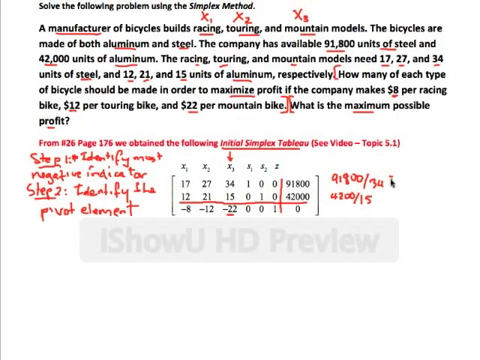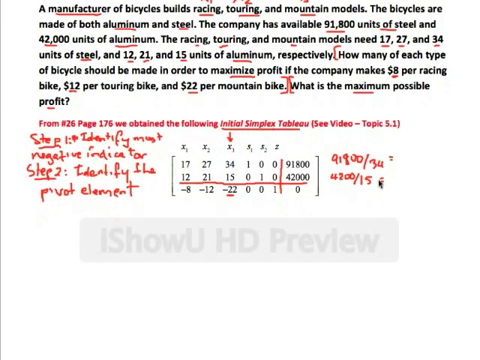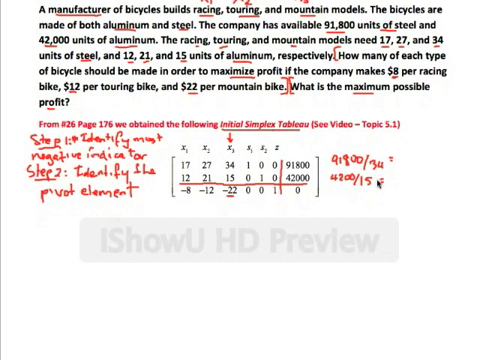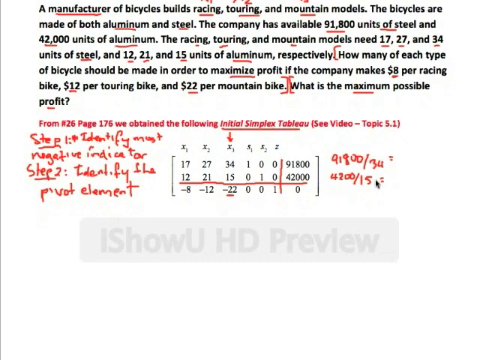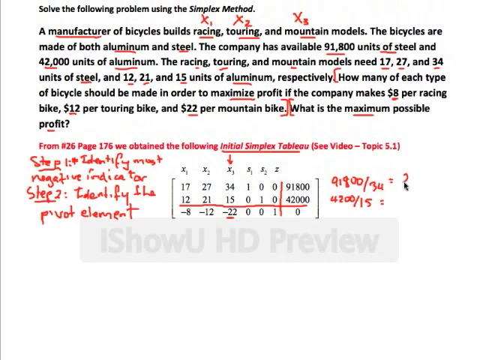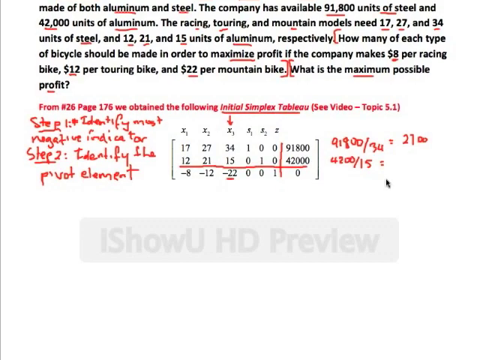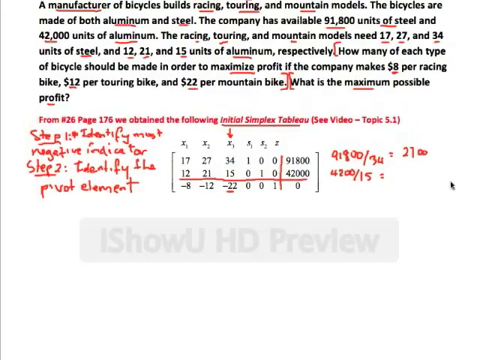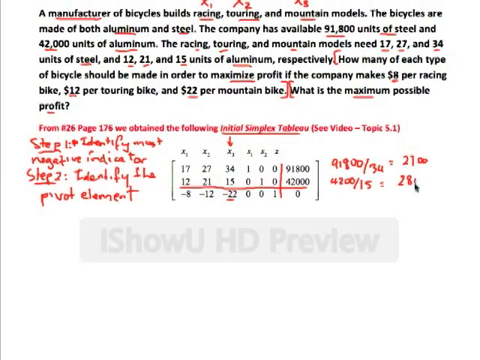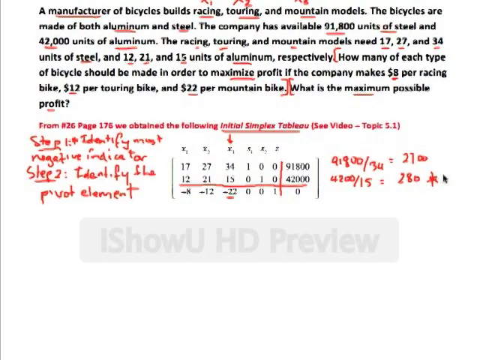So using your calculator, this is what we get. We put in 91,800 and divide it by 34 and we get 2,700. Now we get our 4,200 and divide that by 15 and we get 280. So clearly this one here is the smallest.